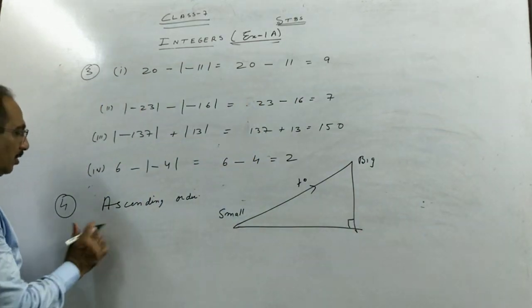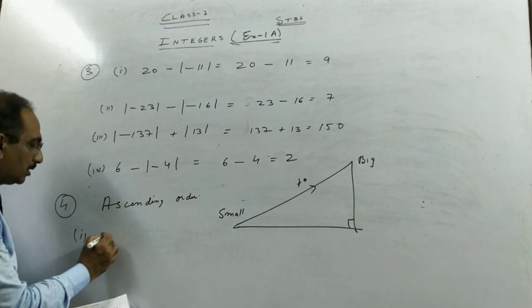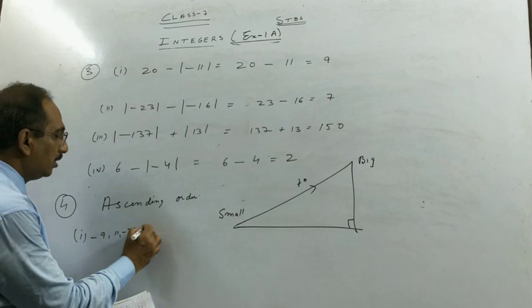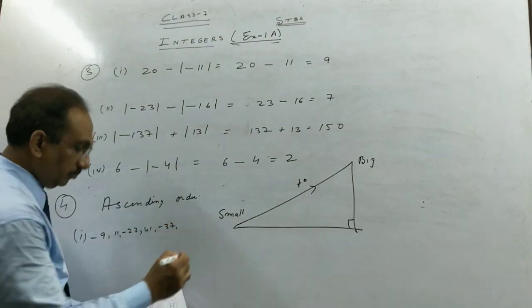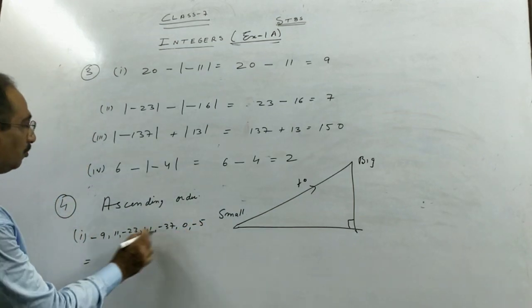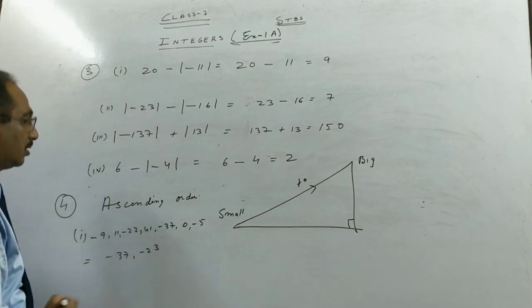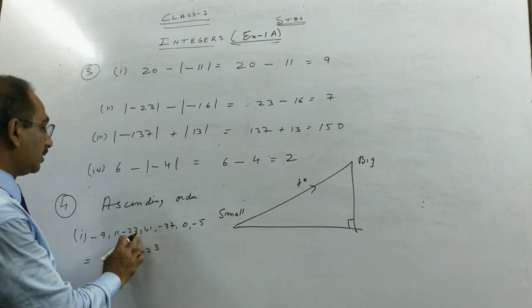We have the first example: minus 9, 11. You have to see the signs properly. The smallest one here, boys, is minus 37, then minus 23. So from small to big, this is the smallest, then this.